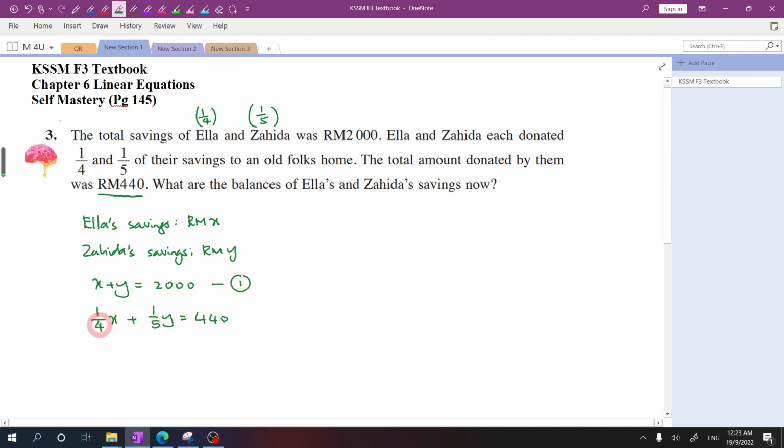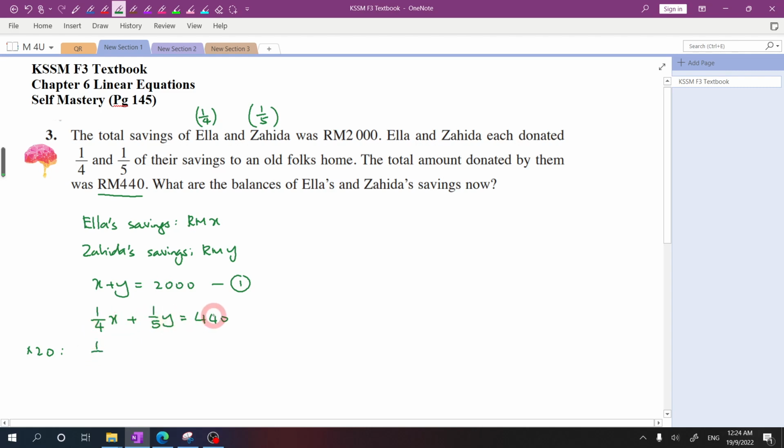Now you will notice that here we have fractions, but normally if we see a fraction, we try to get rid of it, because fractions are easier for us to make mistakes with. So I'm going to multiply the whole thing by 20, which is the lowest common multiple of 4 and 5. The reason I do so is to get rid of the 4 and 5.